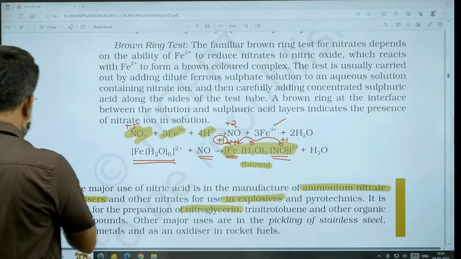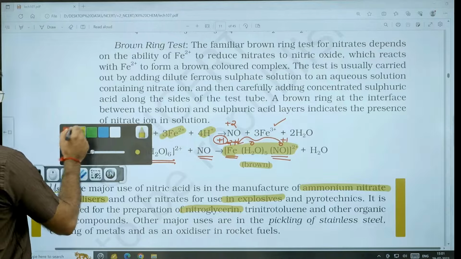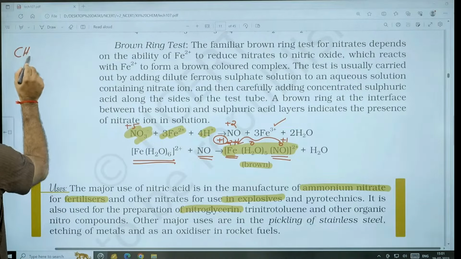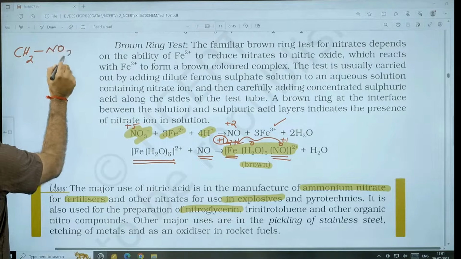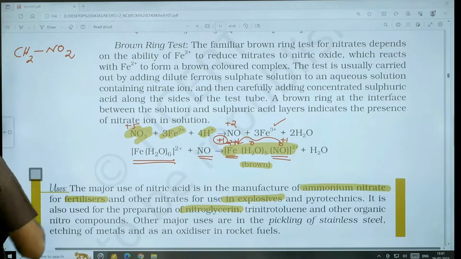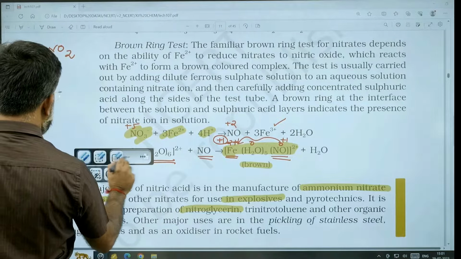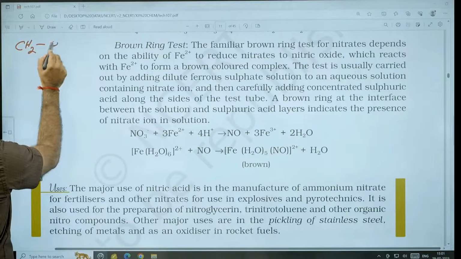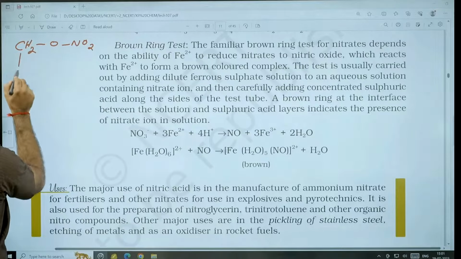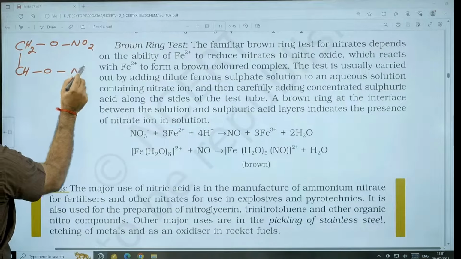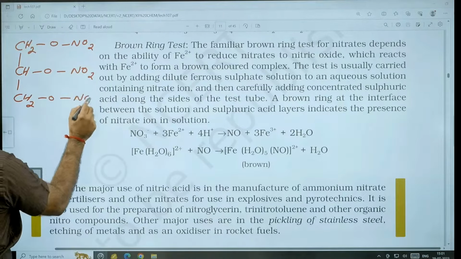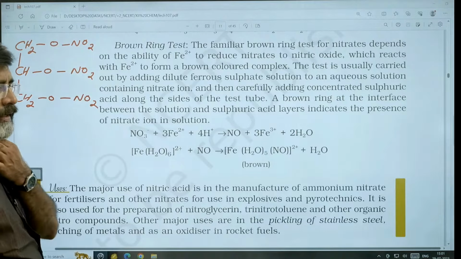This is nitroglycerin, trinitroglycerin: CH2ONO2, CHONO2, CH2ONO2.